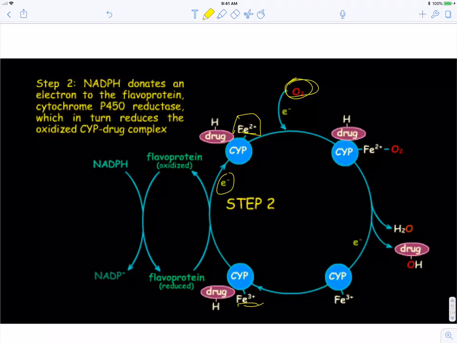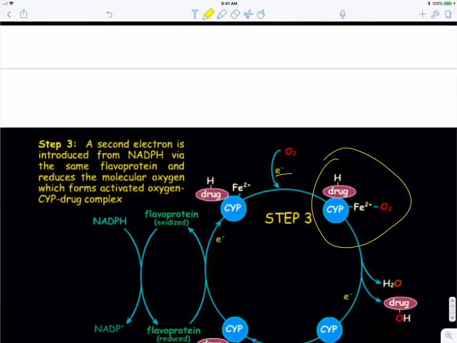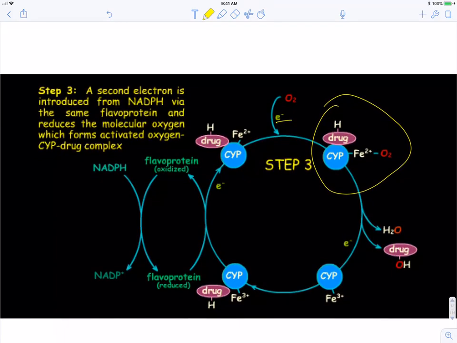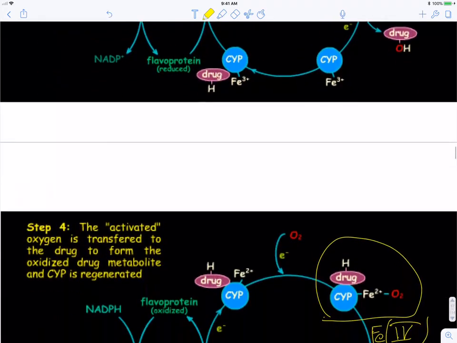At the same time, this adduct gets reduced to form this complex, which is also called compound 1, which is where the whole chemistry happens. And so in the next step, we already had this reduction again from the same flavoprotein that donated the first electron.